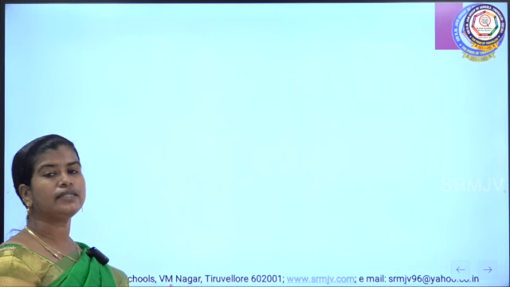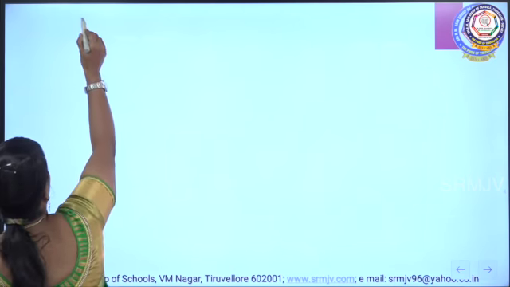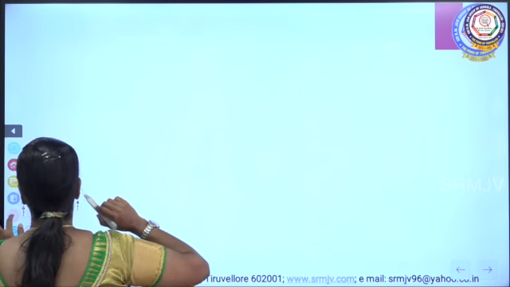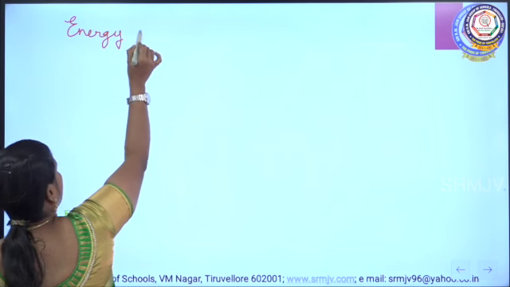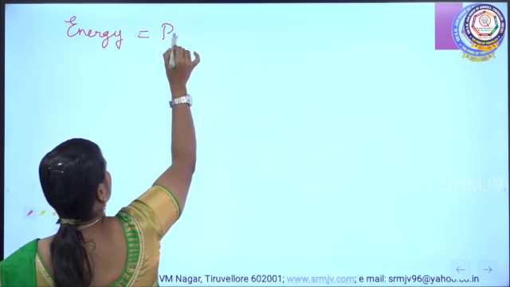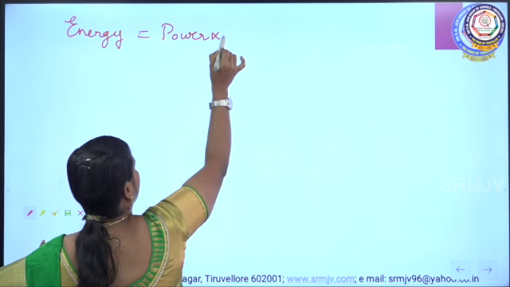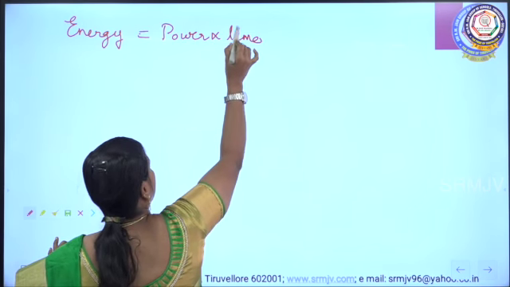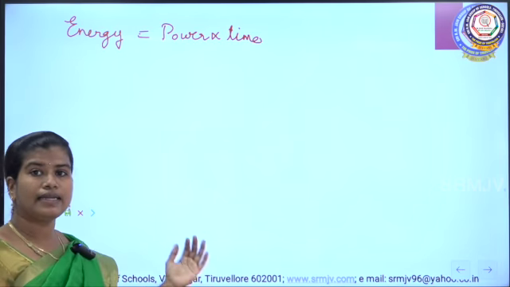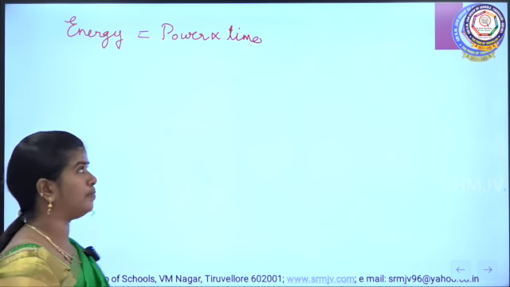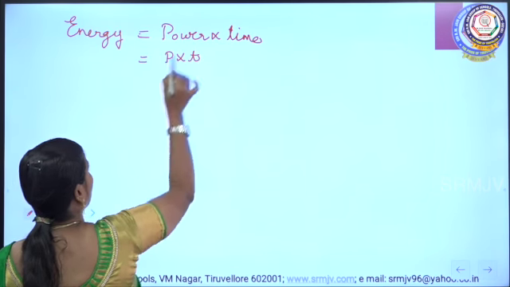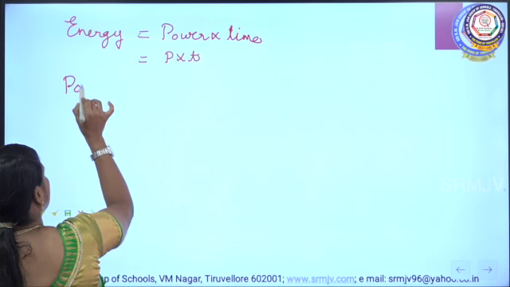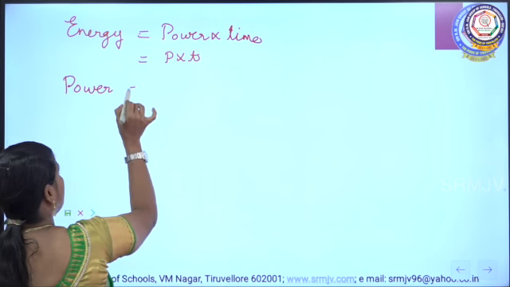We also know the formula for power, or otherwise energy. Energy is equal to power into time. So, electrical energy is a product of power into time. This can be written as P into T. And power, how can we define power?